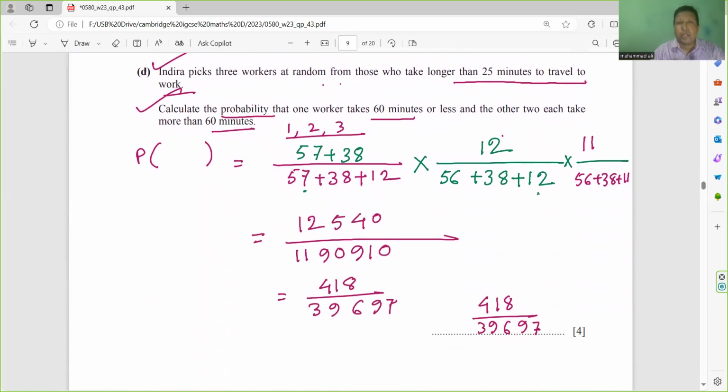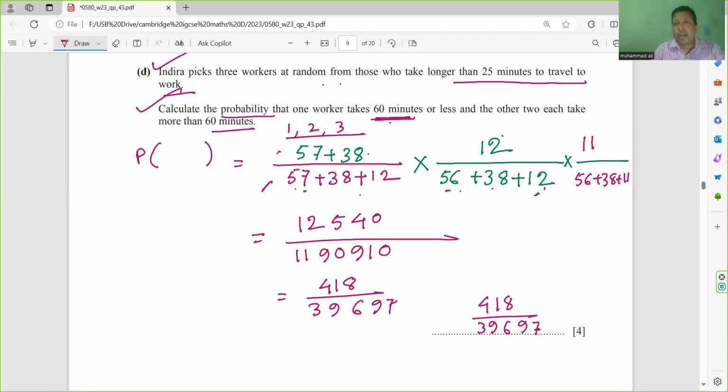Three workers take more than 25 minutes to travel to work. So these workers take more than 25 minutes to travel to work, and first, 60 minutes or less, these workers are 60 minutes or less. And for the second part, one worker left, the total number of workers one less. So from 57 we take one, which is 56 plus 38, 12.